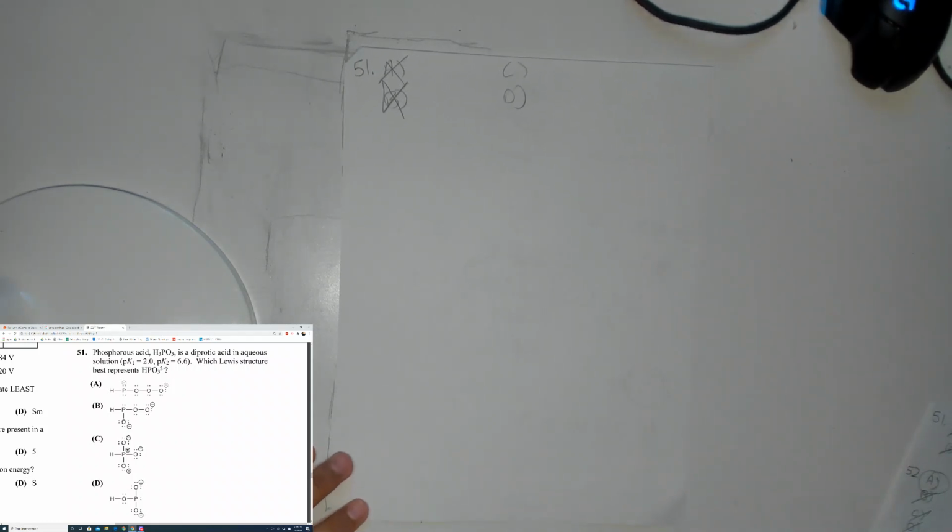Now, you may be a little stumped on this. But keep in mind that C signals the answer, and the reason is that it signals the acid's diprotic. If you take a look at D, where will all the other hydrogens go?